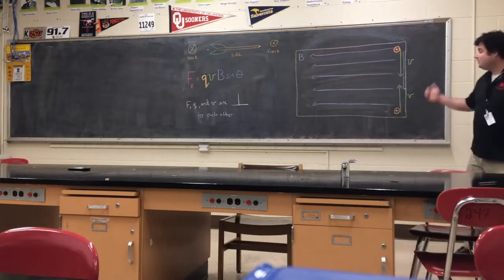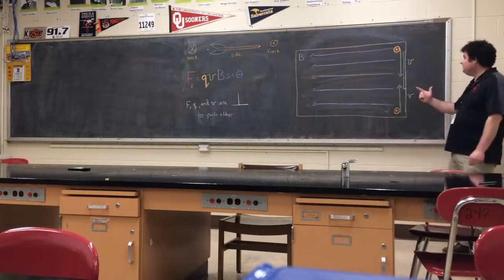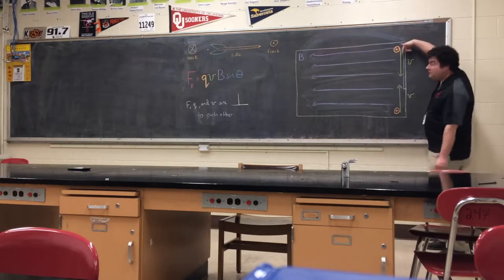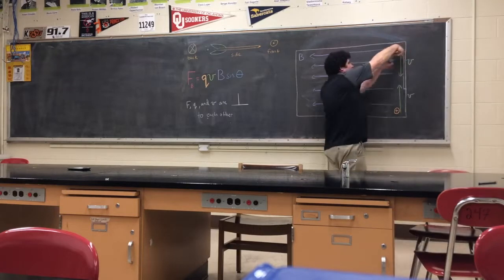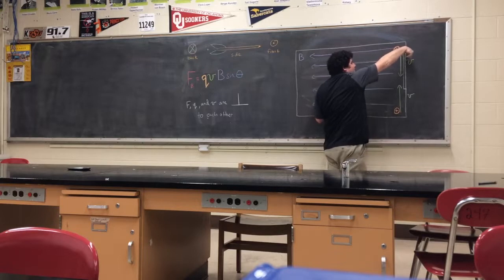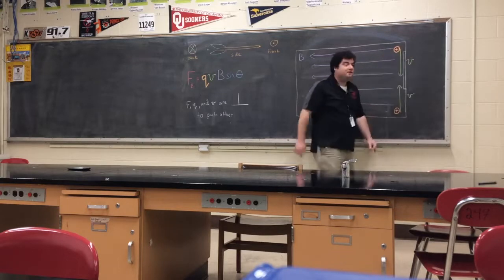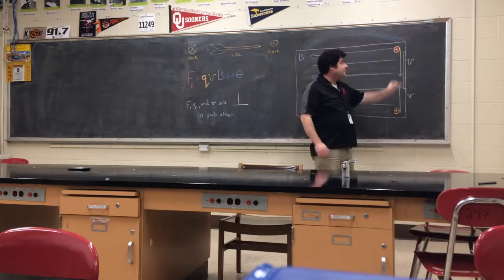So, make my axes. I'm pointing my index finger in the direction I'm moving. And I'm turning my wrist until my other fingers are pointing in the direction of the magnetic field. And my thumb is pointing into the board.